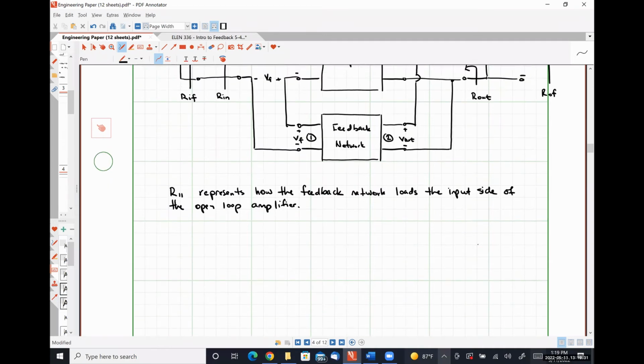It is determined by looking at our feedback network. So here's port 1. Here's port 2.